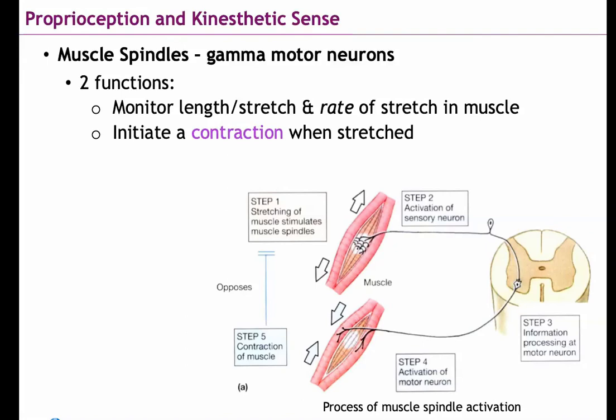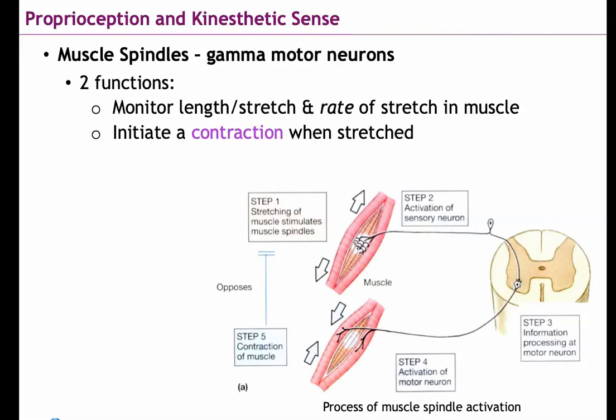So yeah, this is what happens. The sensory neuron attaches over here, the information is processed, and then the motor neuron sends information back to the muscle that was stretched, and it contracts the muscle. So that's what happens. It monitors length, stretch, and rate of stretch, and initiates a contraction.